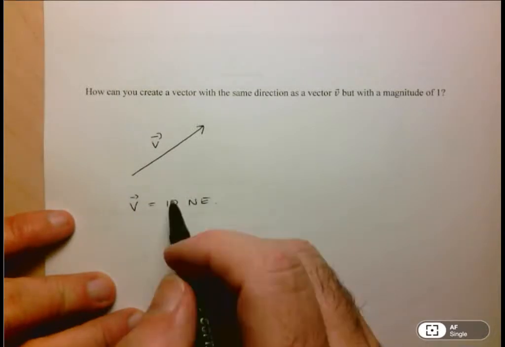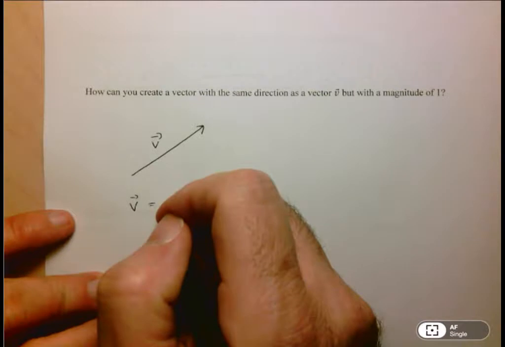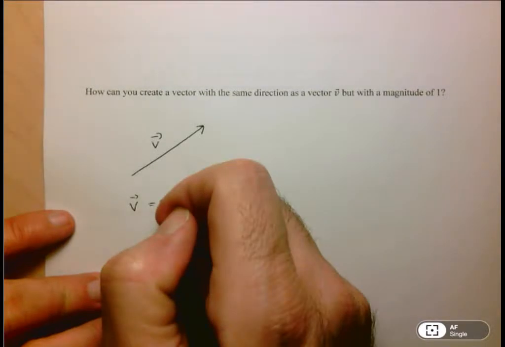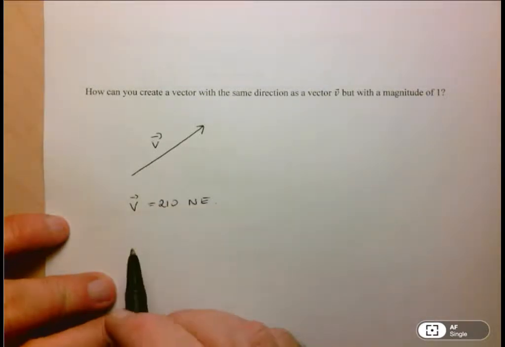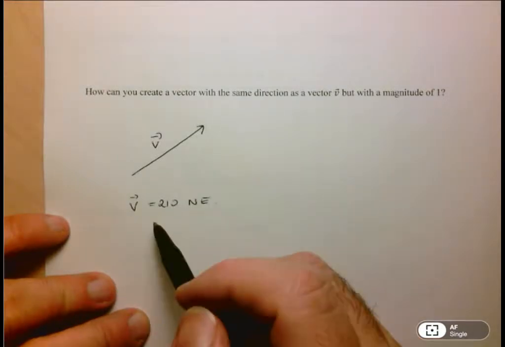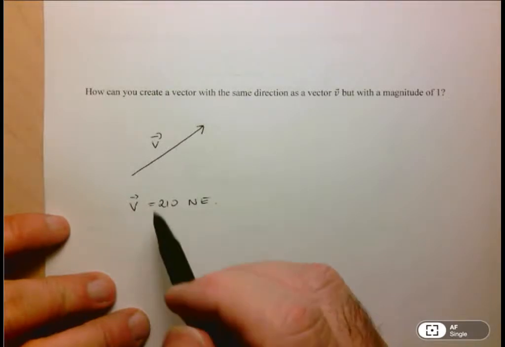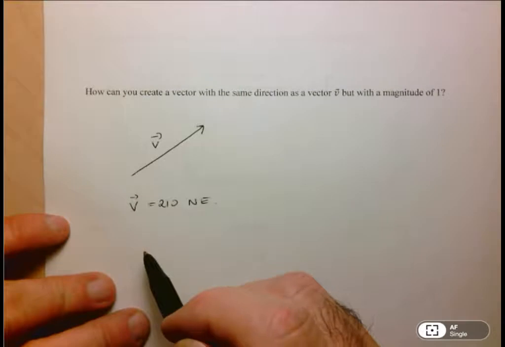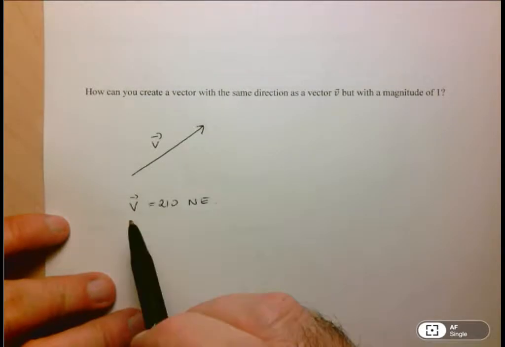But what if instead of 10, my vector had a magnitude of 210, and I needed a vector in the same direction with a magnitude of 27.265? Okay, well, we'd have to do some work to determine the scalar multiple that I'll need to change its length.